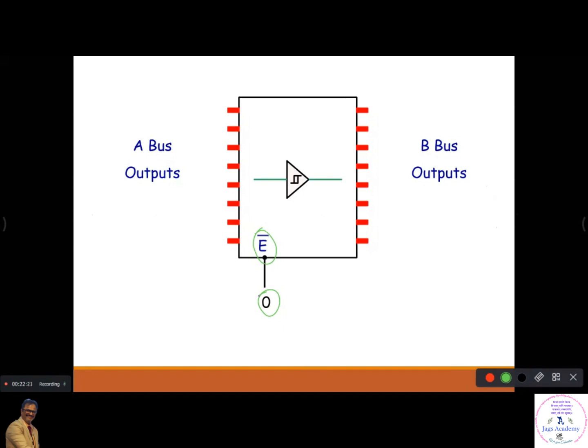For address, we have used a latch because unidirectional data is enough for that. But for data, you need two directions, because data can either go from the microprocessor to the memory or IO, or data can go from memory or IO to the microprocessor. So there is a bidirectional data transfer between the microprocessor and the other devices, memory devices or IO devices.